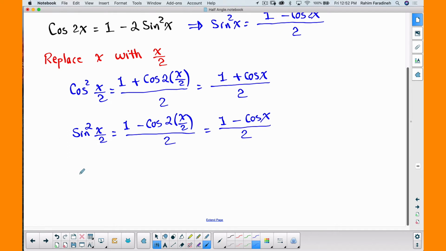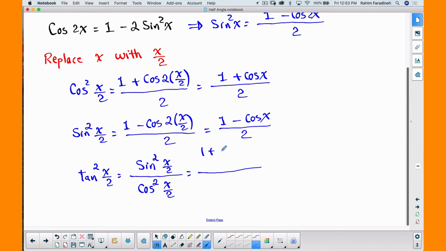Now, so far, we know the formula for sine squared of x over 2 and cosine squared of x over 2. Now, for tangent squared of x over 2, we know that tangent is sine over cosine, but I have tangent squared, so that will be sine squared over cosine squared, and our angle will be x over 2. We're going to put the equivalent formula for sine squared and cosine squared.